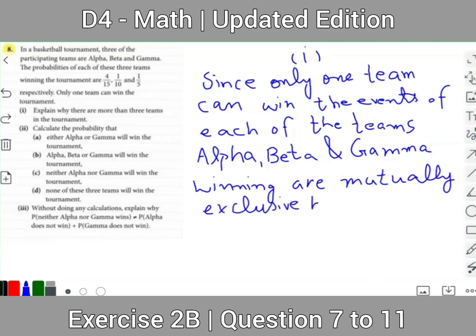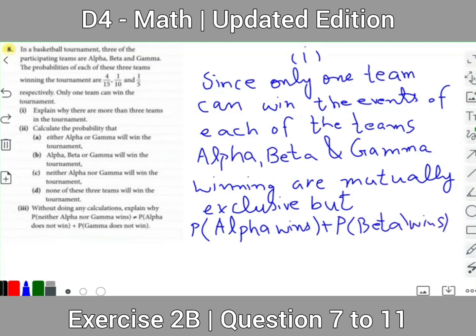But the probability of alpha wins plus probability of beta wins plus probability of gamma wins.